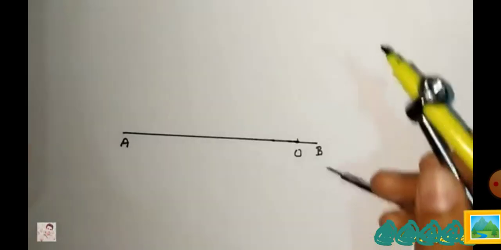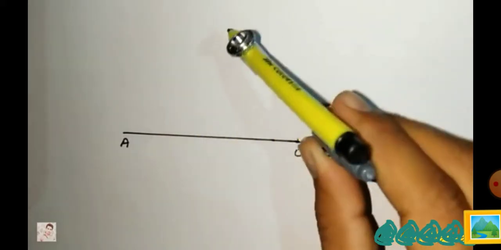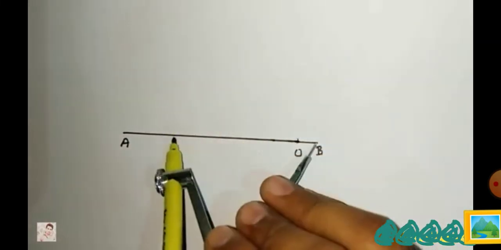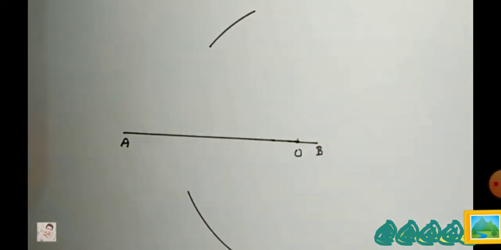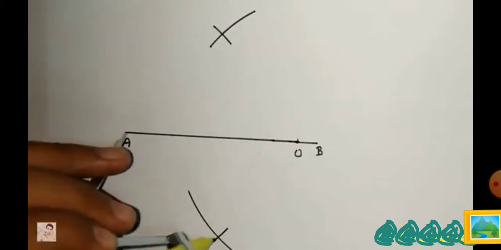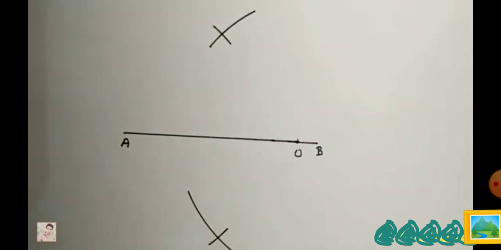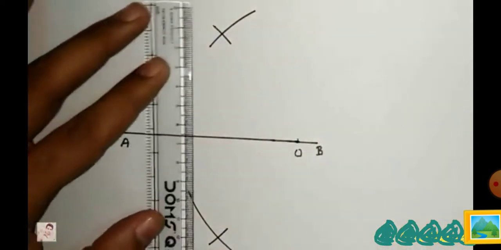For that, find out the midpoint. Bisect the line. Students, here all of you know how to bisect a line. Take more than length of AB and draw arc on up and down of the line, then cut it.